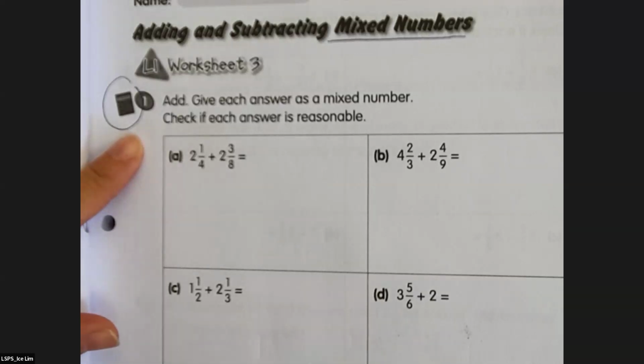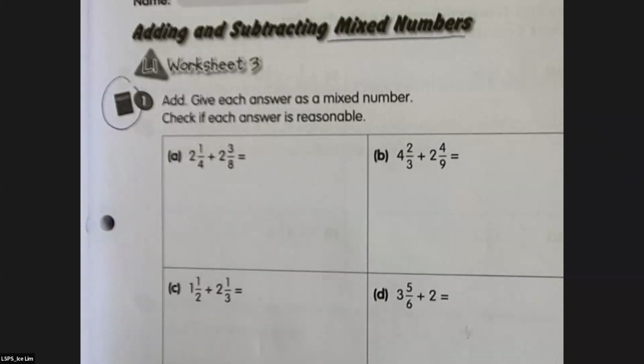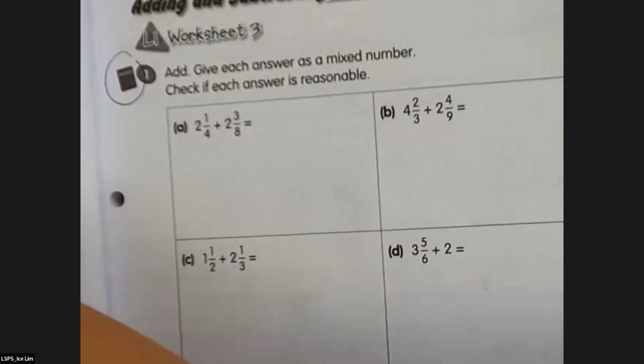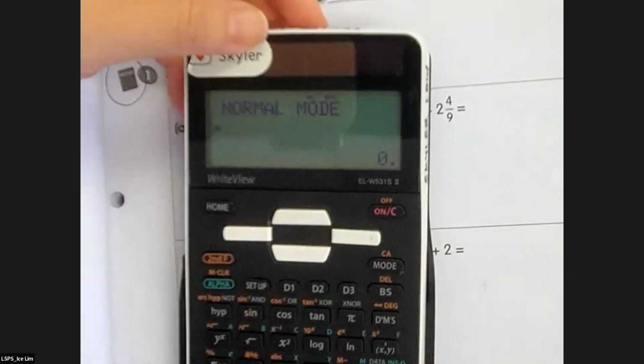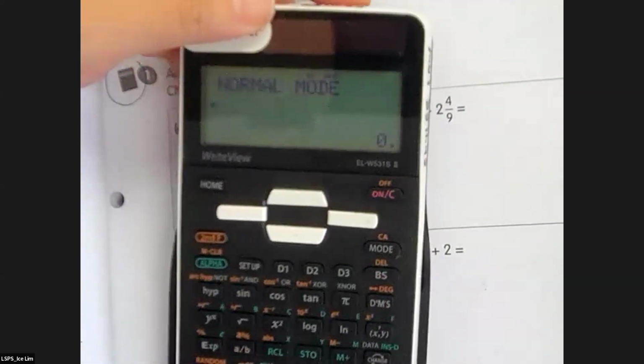And if not, Skylar, you get mommy to buy you a new calculator, our school calculator. That's the best. Okay, we're not going to use this now. Now I will bring your calculator back, and I will try to figure out how to help you. Otherwise, I will advise you to buy the school's calculator.